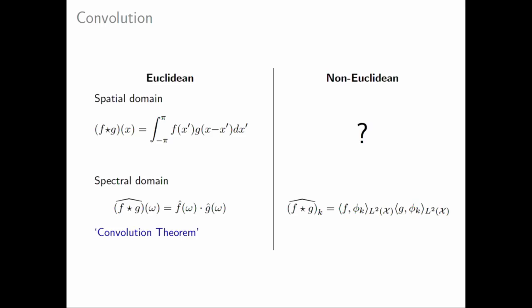The easiest way of generalizing convolution was just to take what is a property in the Euclidean case, what is called the convolution theorem, and make it into a definition, right? We can define convolution on graphs or on manifolds as a product of the respective Fourier transforms, and we define, in turn, the Fourier transform as projection on the orthogonal eigenbasis of the Laplacian. So now we need to fill in the missing piece here.